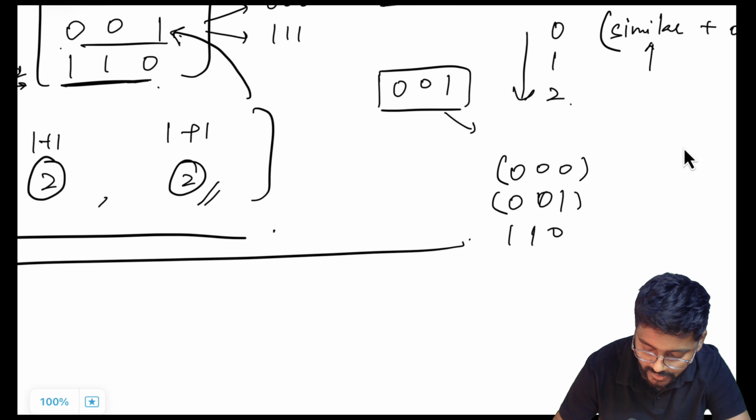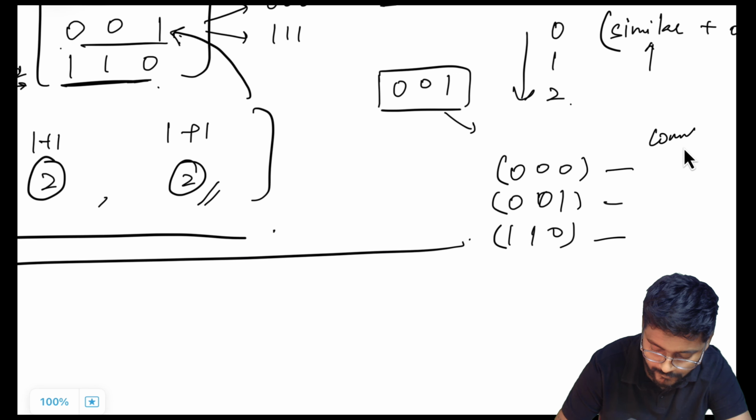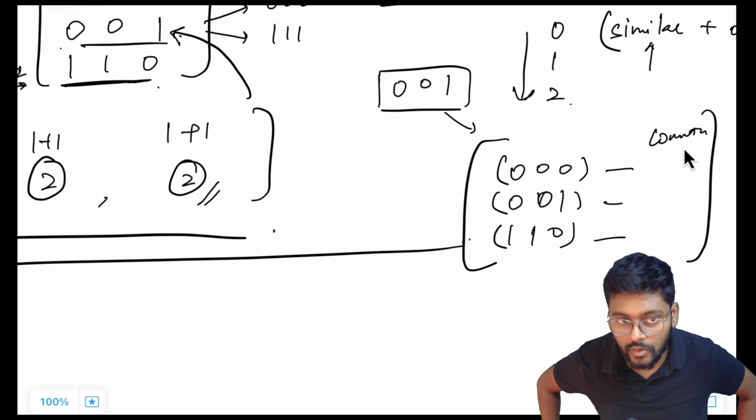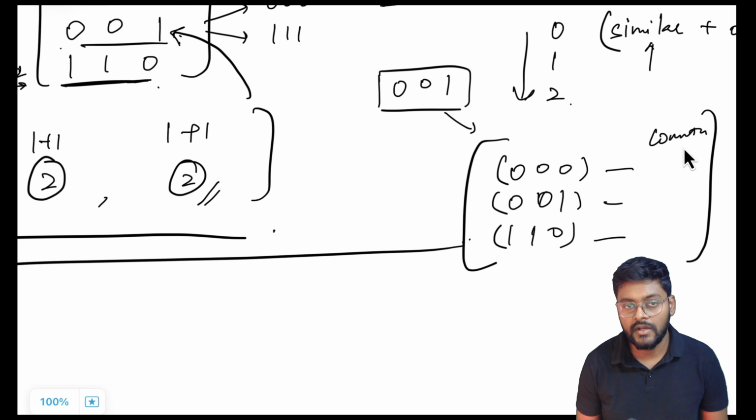If I make it a string and maintain a counter of it, I can directly say that when I'm on 0 0 1, I will see how many instances are there in this grid and how many opposite instances are there in the grid.